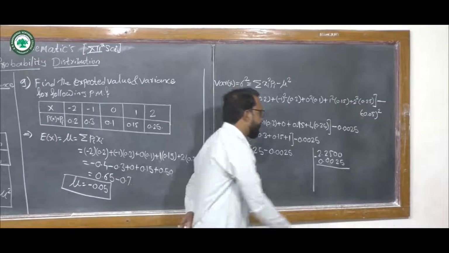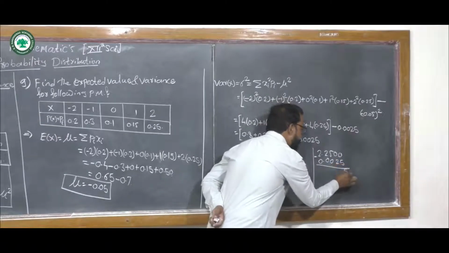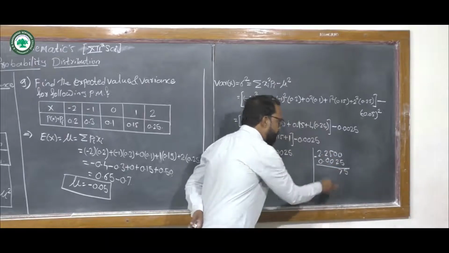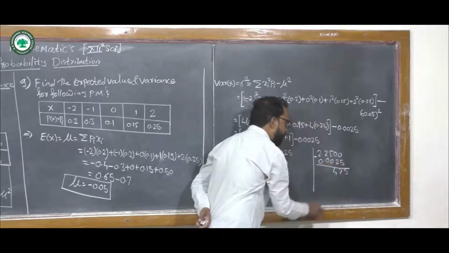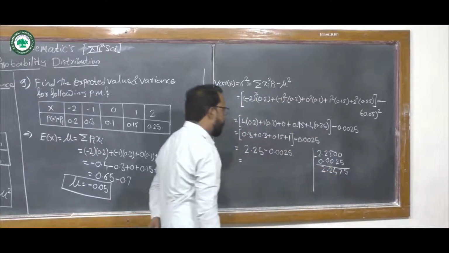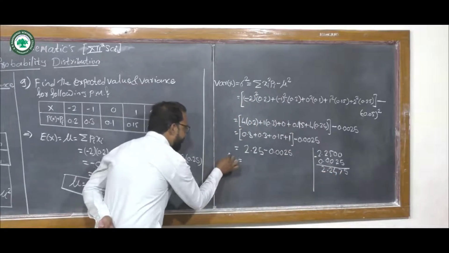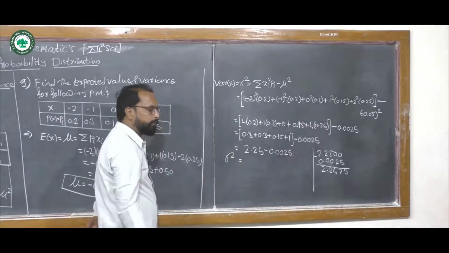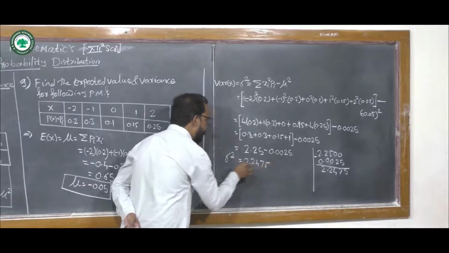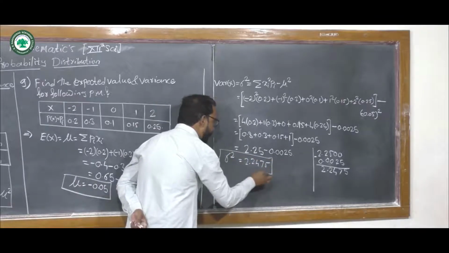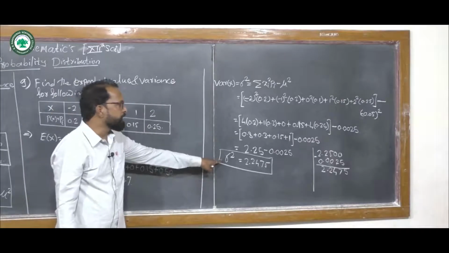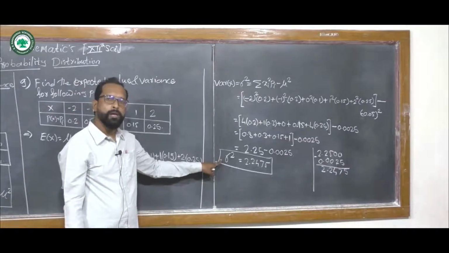When we take this subtraction, it becomes 10 minus 5 means 5, 10 minus 3 means 7, 5 minus 1, 4, and 2 and this 2. So finally the variance, that is sigma square, becomes 2.2475. This is the variance of the random variable x.